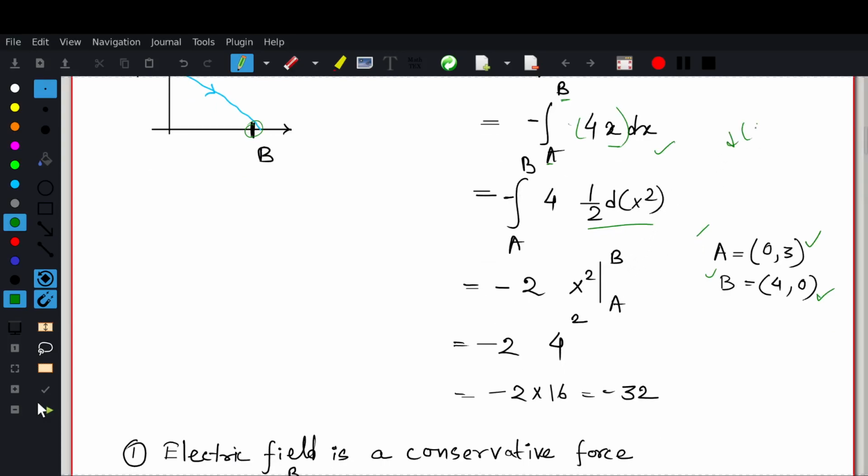So you see this d x square, when I divide it by half, will give you x dx, right? So half times d x square is the same as x dx. So what I am doing is writing this integrand in terms of an exact differential.